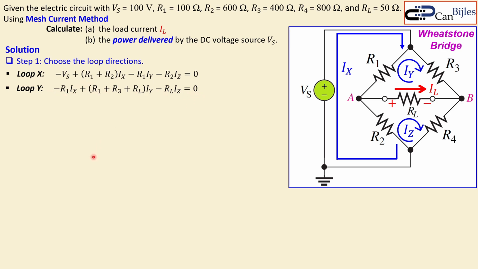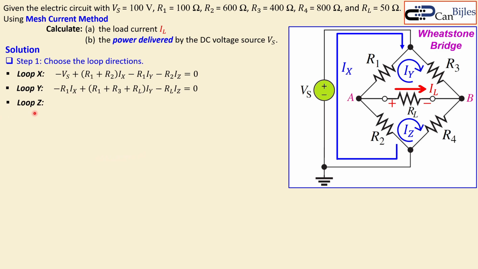I already placed it in the order X, Y, Z. Now you also see again Iy is going in that direction, but Ix is actually going in the opposite direction, so it will again fight back, specifically for R1, and again we have a minus R1 times Ix. You also see for the load resistance, we have Iy in this direction from right to left, but the Iz is going from left to right. Again, it's fighting back, and it is specifically only for resistor RL, the load. That's what you see here, so minus RL times Iz. Again, everything equal to 0.